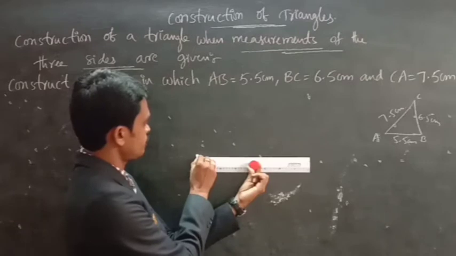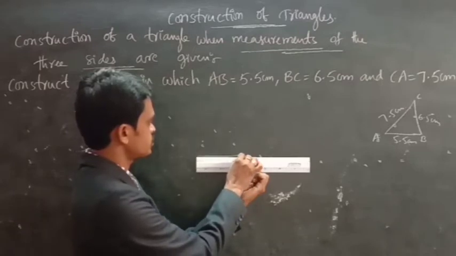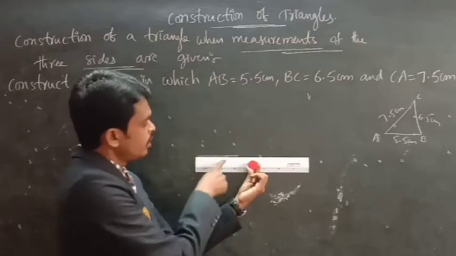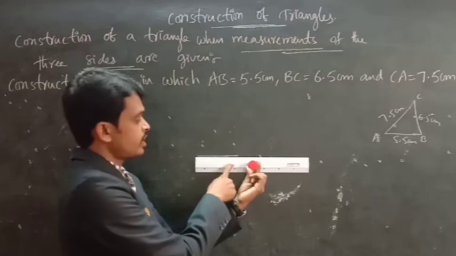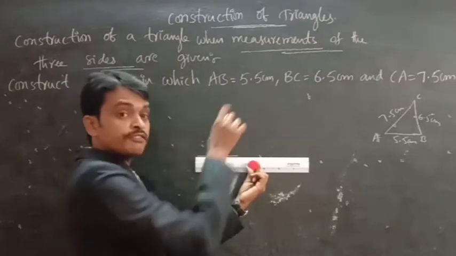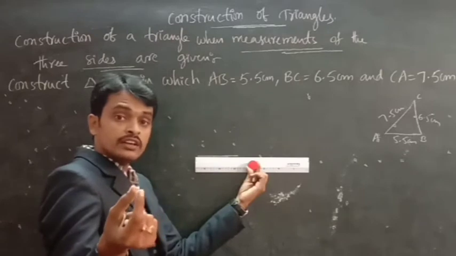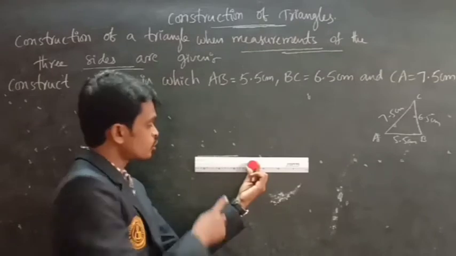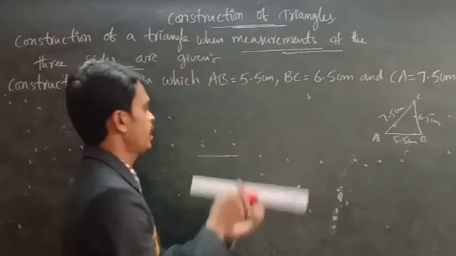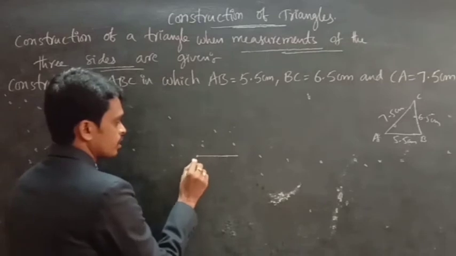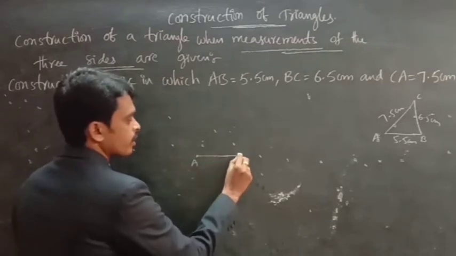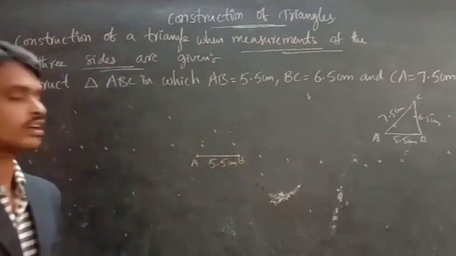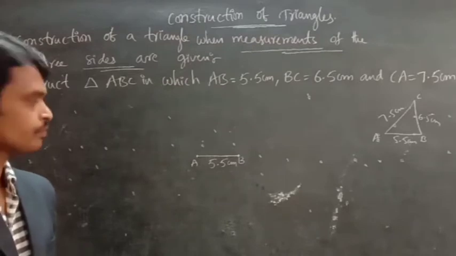After 5 centimeters, 5.5 means again 5 small divisions, so we draw 5 small divisions also. Mark 5.5 and name it AB, and write 5.5 centimeters.